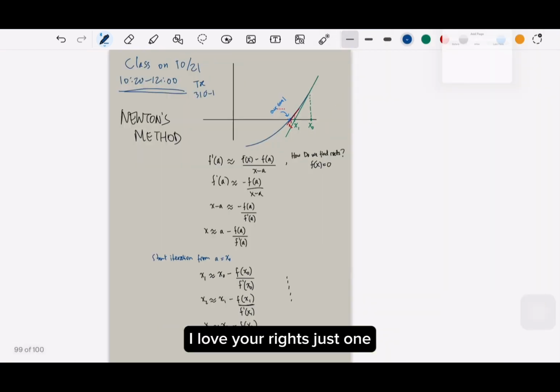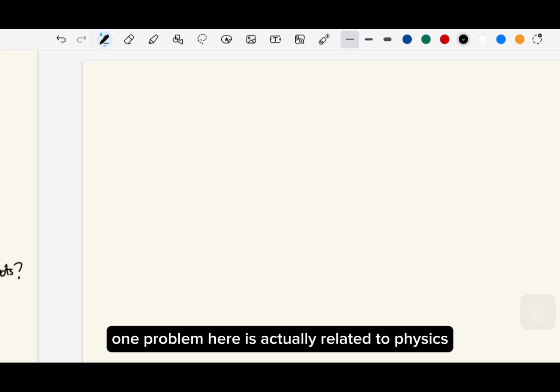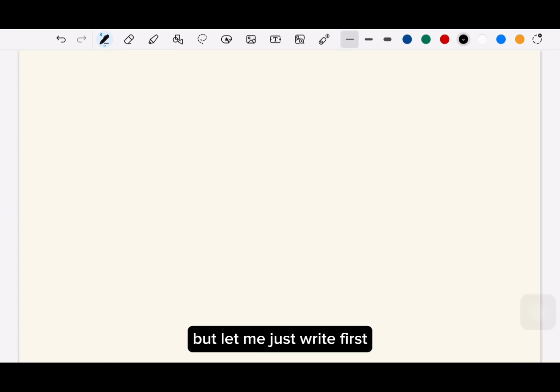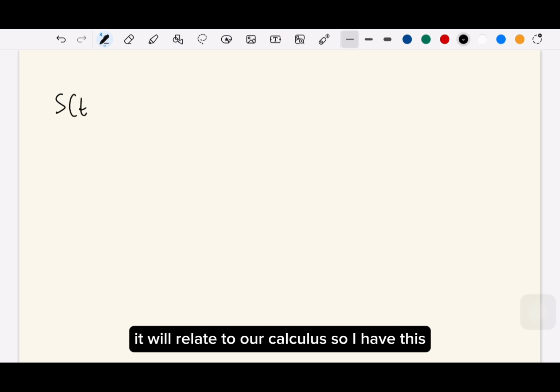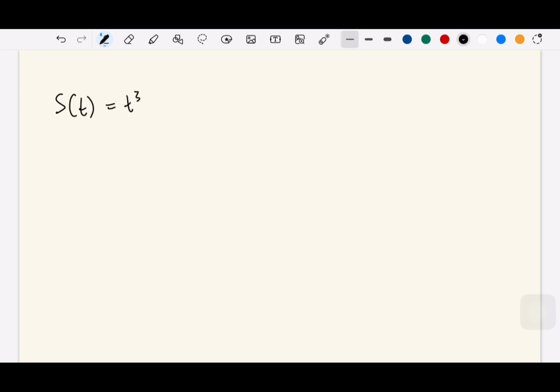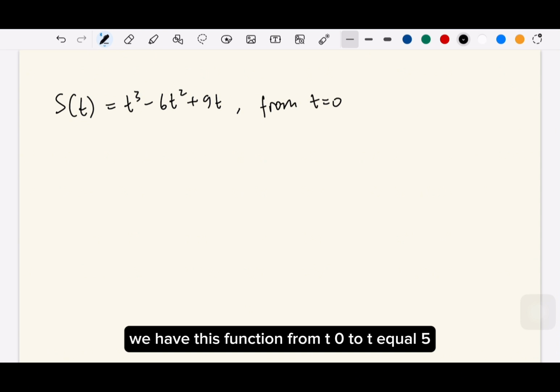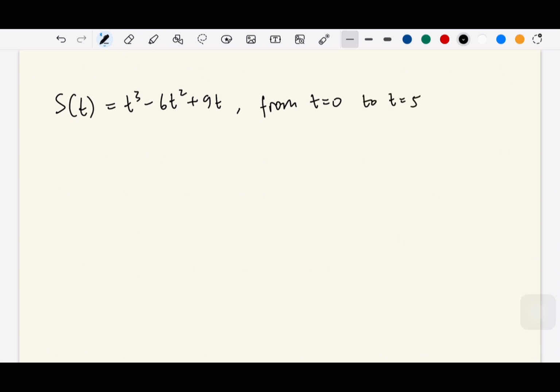Okay, let me write just one problem here. It's actually related to physics, but it will relate to our calculus. We have this function from t equals 0 to t equals 5. S is distance or position.